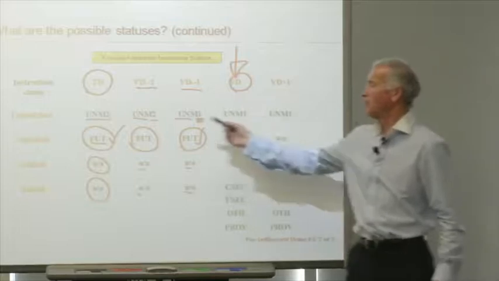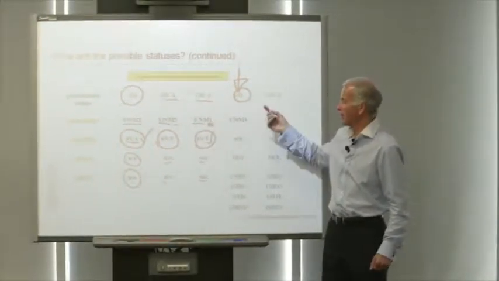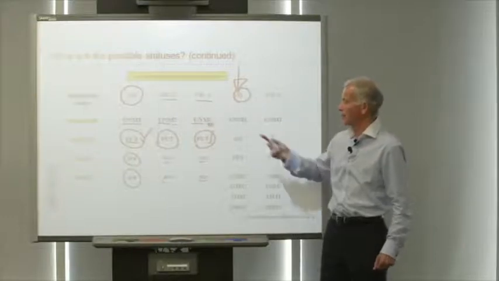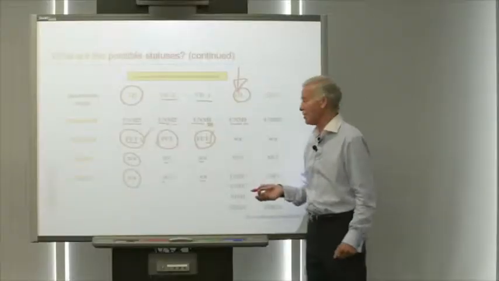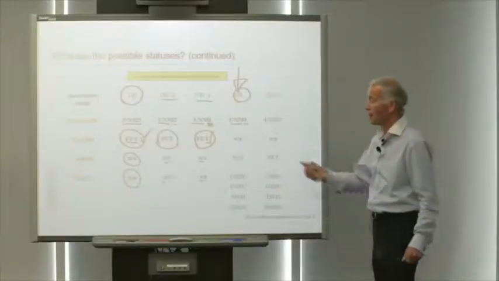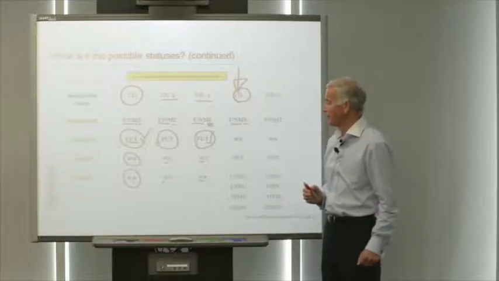Okay, so if it was unmatched right the way up to here, and now we reach value date, and if it's still unmatched on value date, it will retain the status of unmatched with a priority of 1. So you cannot get an unmatched status with a greater priority than 1. But if you get that, it means that the trade is failing.